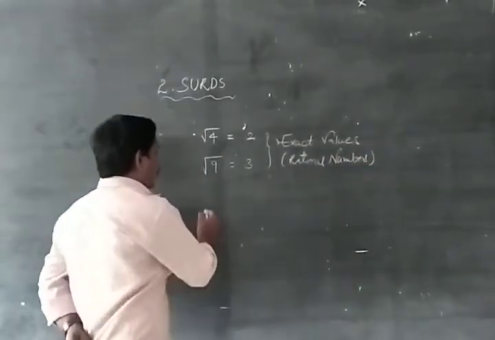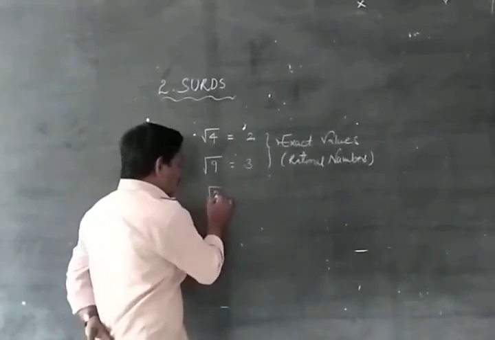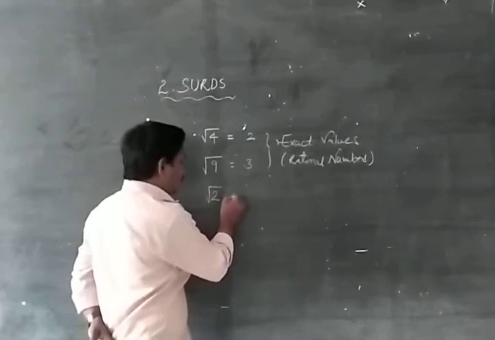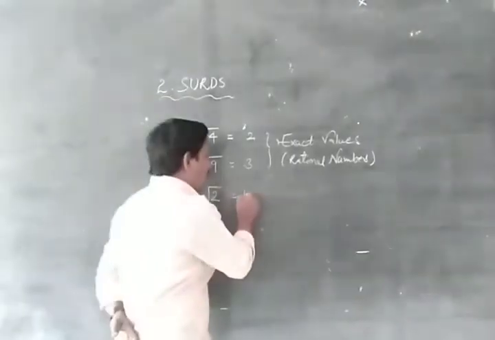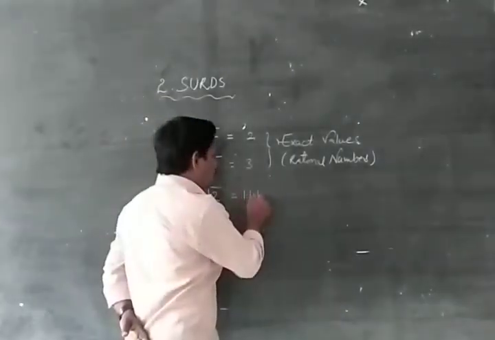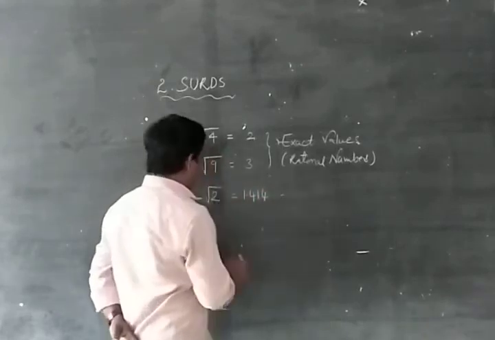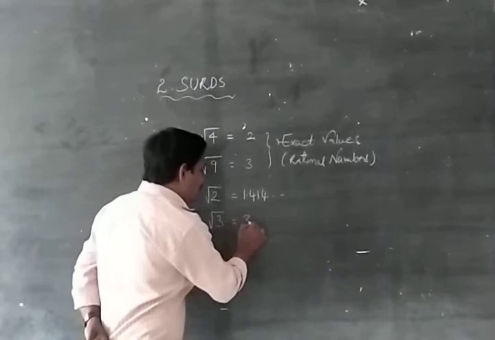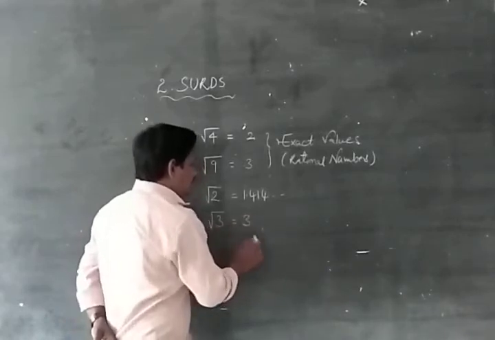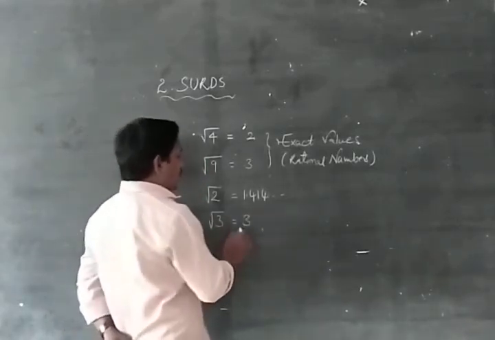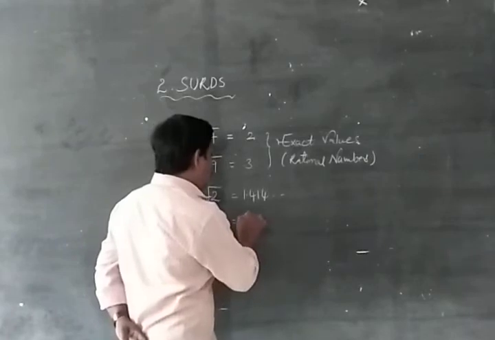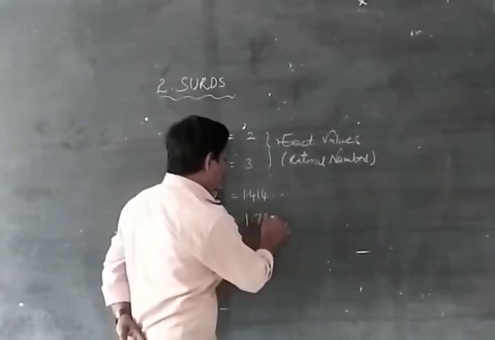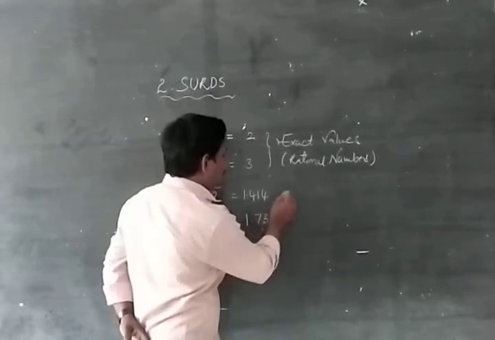And root 2 equals 1.414, and root 3 equals 1.732, and so on.